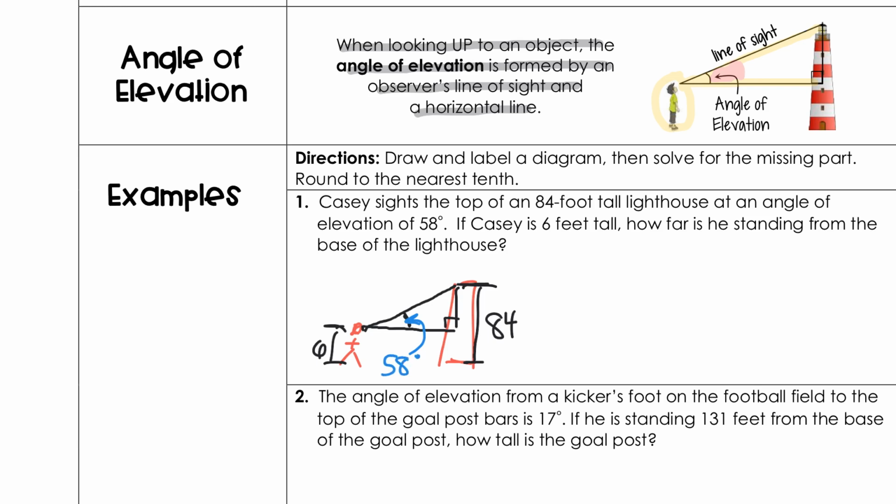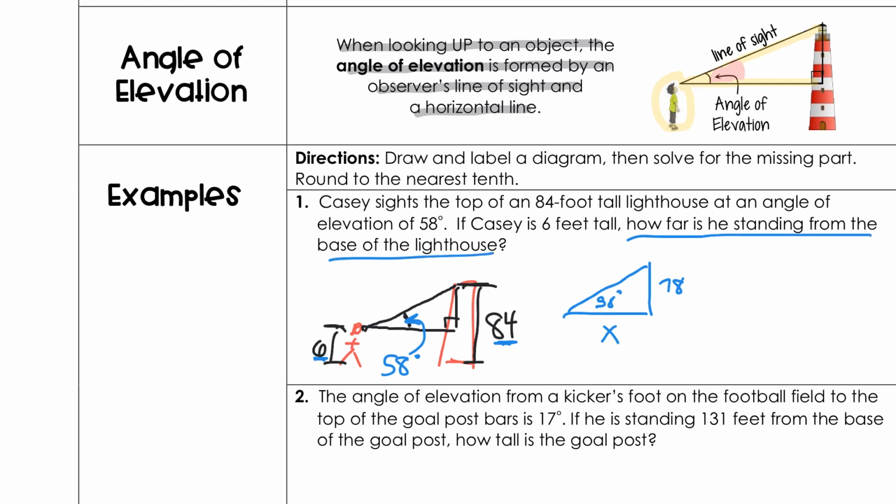Now, why does that matter? Well, when we look at our triangle, since the lighthouse is 84 and Casey is 6 feet tall, the triangle is actually only 78 feet tall: 84 minus 6. And then our angle of elevation is still 58 degrees. We are looking for x. We want to know how far he is standing from the base of the triangle.